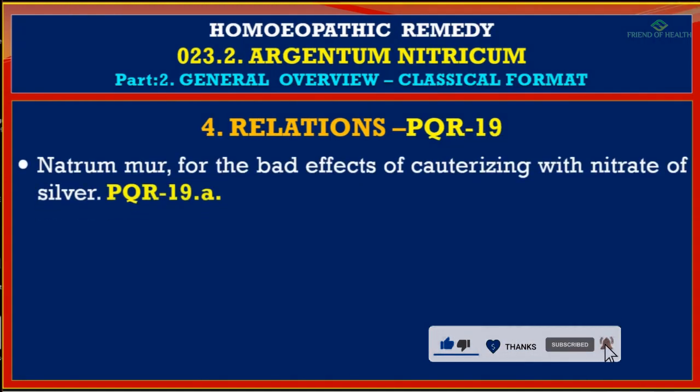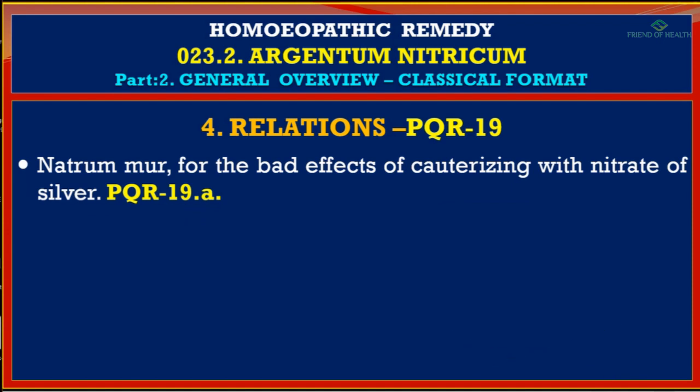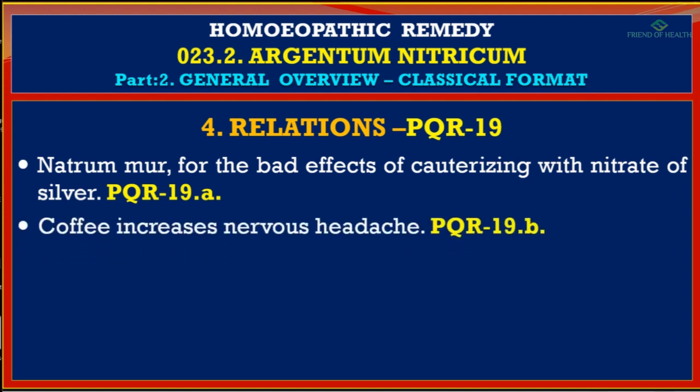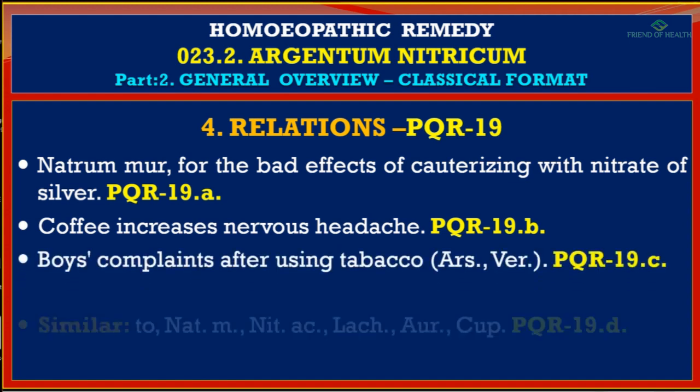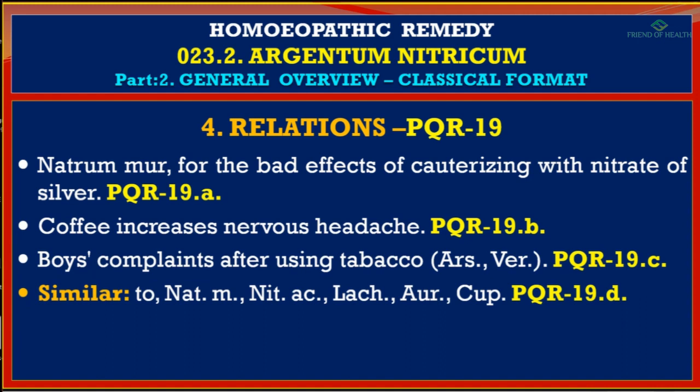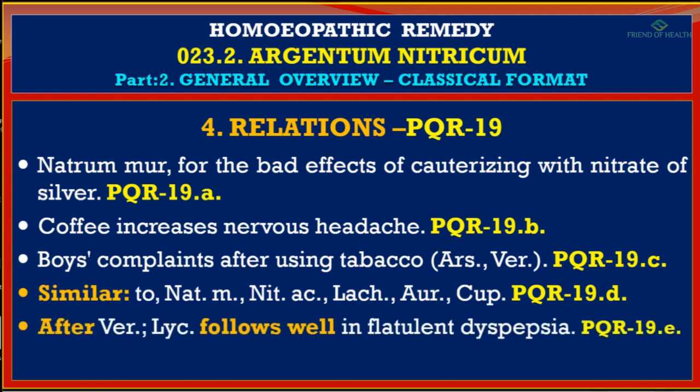Now we come to the relationship, the fourth point in classical format. Here we find Natrum muriaticum for the bad effects of cauterizing with nitrate of silver. Coffee increases nervous headache. Bad complaints after using tobacco. And it is similar to Natrum muriaticum, nitric acid, Lachesis, Aurum and Cuprum.